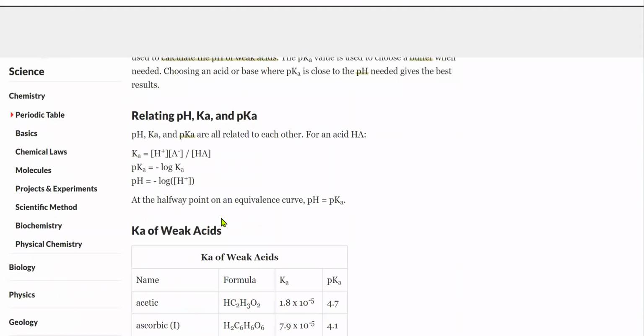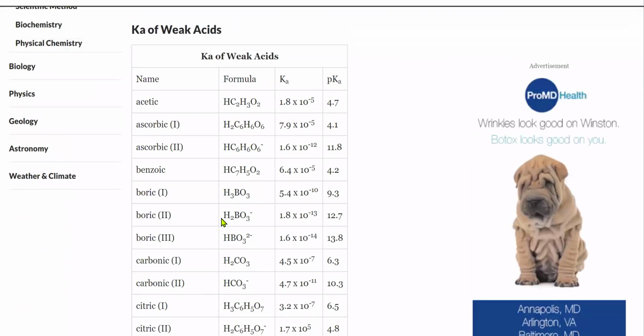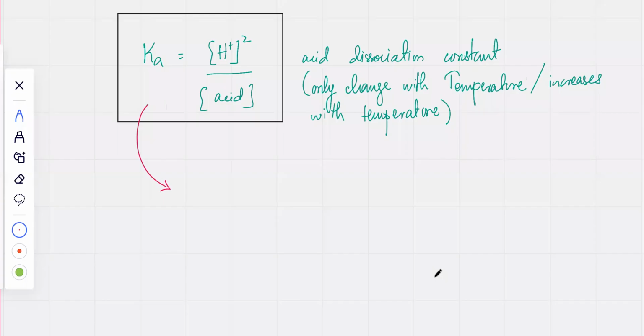By just looking at the Ka value, you can figure out whether it's going to be a strong acid or a weak acid. If you have a higher Ka value, that means there's going to be more H plus 1. There's going to be more dissociation.